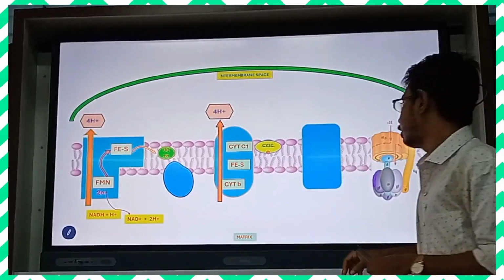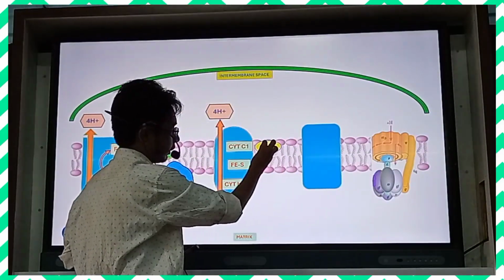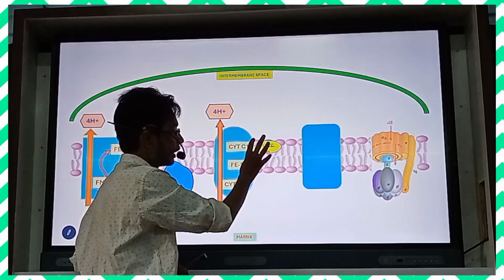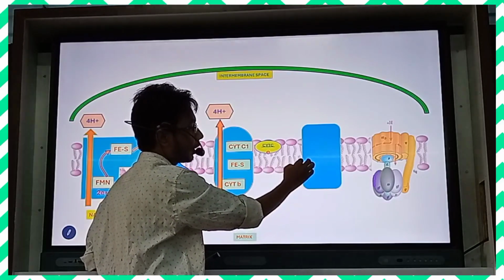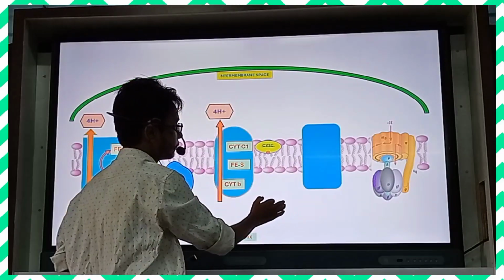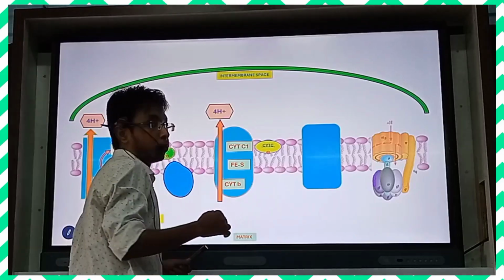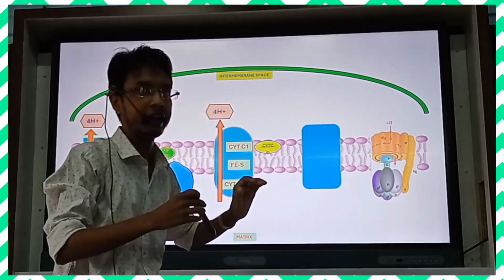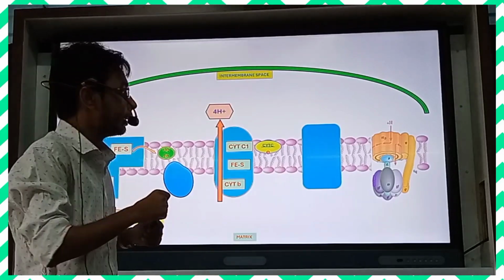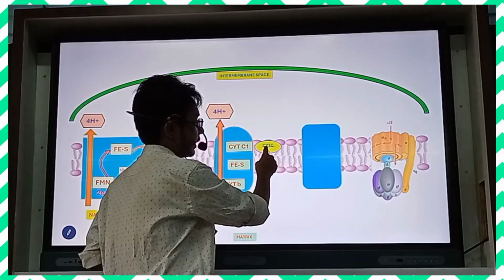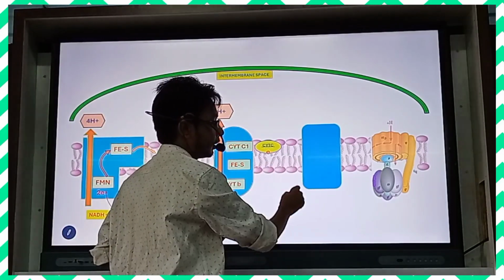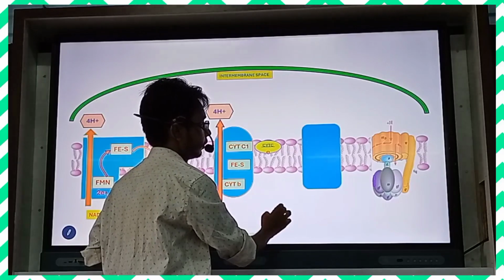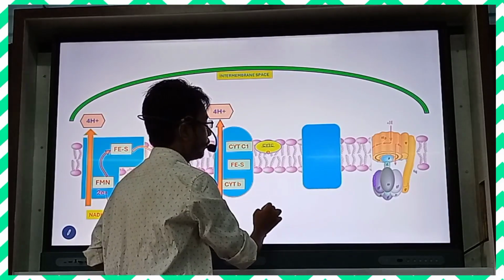Now the electron present in cytochrome c is transferred to complex 4. At a time, cytochrome c can carry one electron. Then one electron is carried by cytochrome c to complex 4.